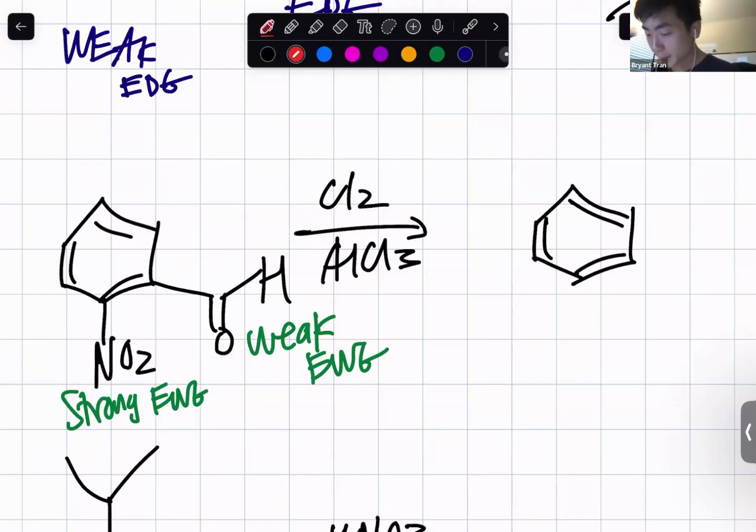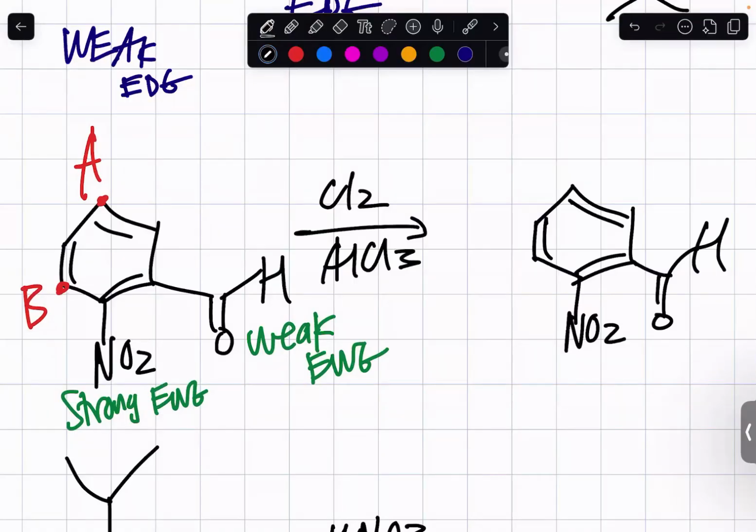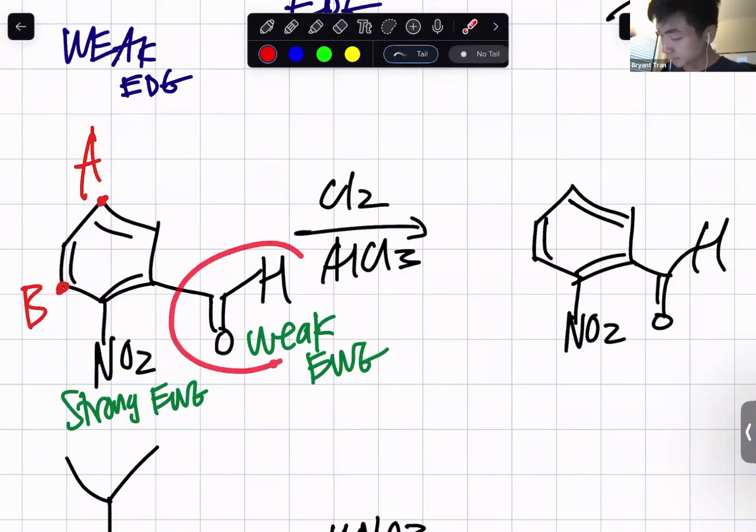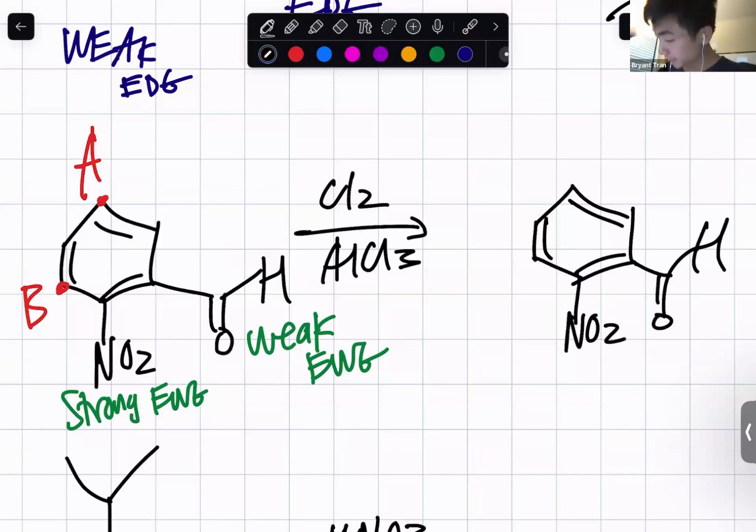So we're worried about the meta positions relative to that weak EWG, which are these positions right here. Let's say this is point A, this is point B. Where would the chlorine go to get the major product? Meta. Meta on carbon A or carbon B? Both carbons A and B are meta to this aldehyde, the weak EWG. A. Yeah, correct, because there's less steric hindrance there.